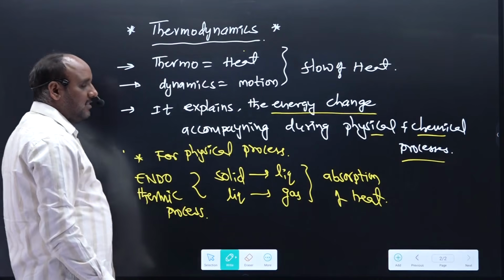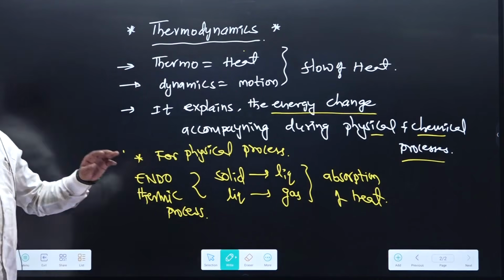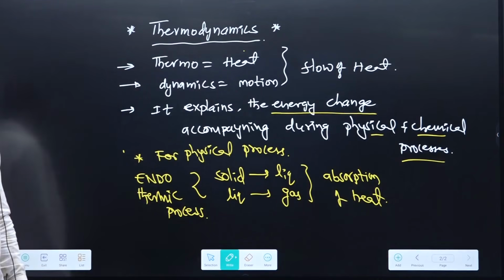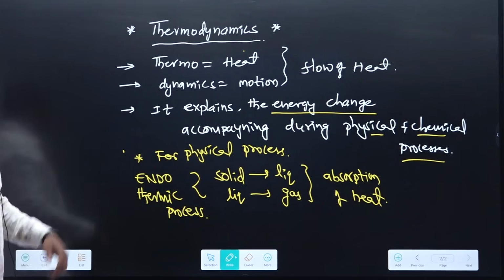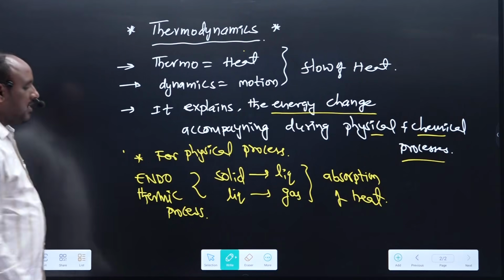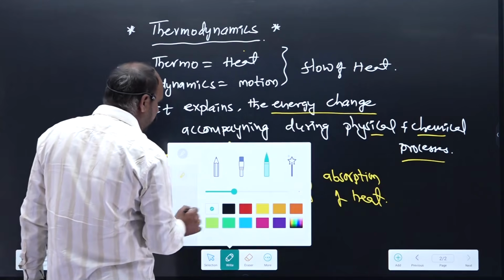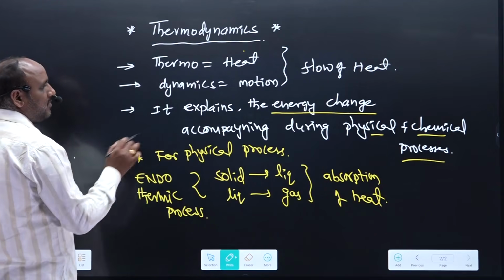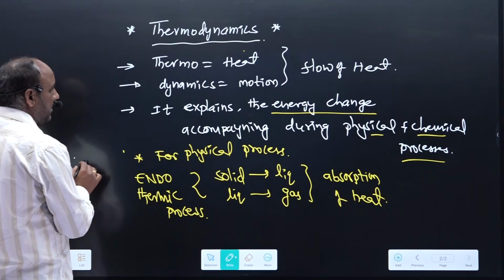If evolution of heat takes place, what is that process? Exothermic process. If heat is evolved, that process is known as exothermic.